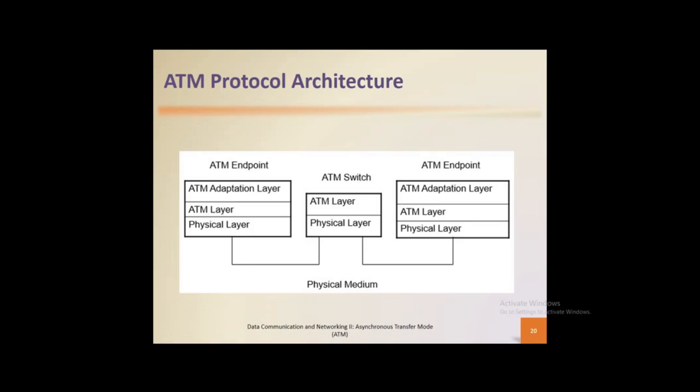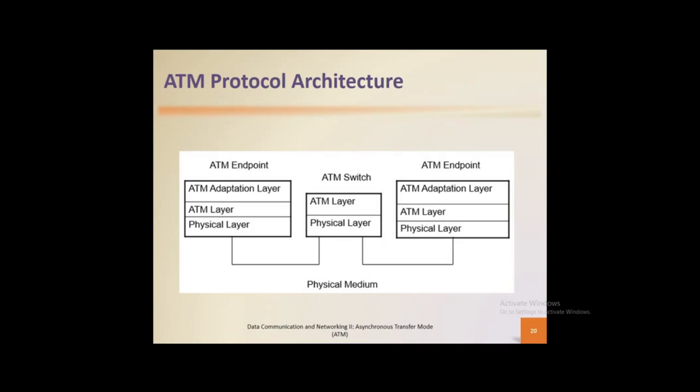But that basically relates to the usage of the physical medium itself for transmitting information. The ATM layer, which is the second layer, performs all functions that relate to routing and multiplexing, kind of like how we group the various cells in their bits to be sent over to the physical layer for transmission.